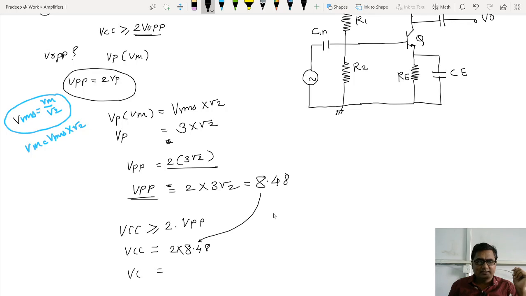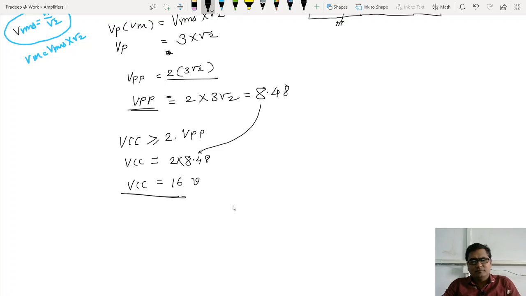It means VCC can be greater than or equal to about 16. I can write about 16. Every time I am writing an approximate value. If you have a calculator, you can do the calculation: 8.84 multiplied by 2, you get 17.68. I have written 16, no problem.